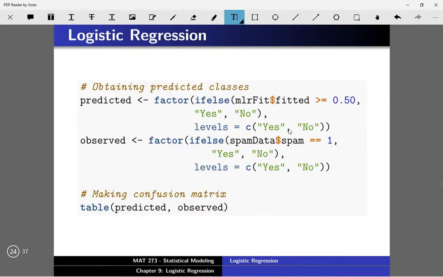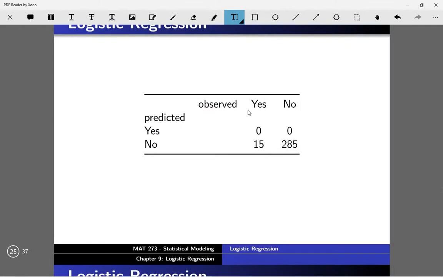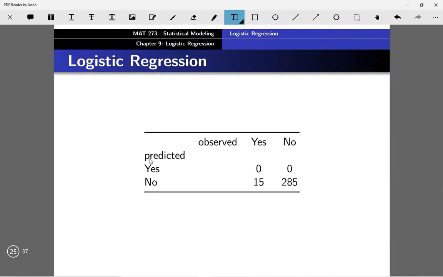And we can see that by plotting the estimated classes, the predictions of whether the email is spam or not. We can see what this linear regression model predicted. It predicted 0 cases to be spam. And it predicted all 300 to be not spam.